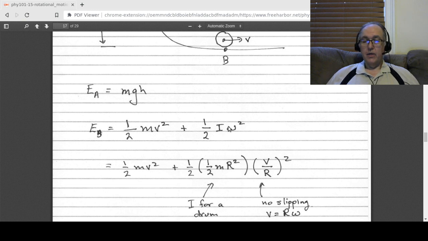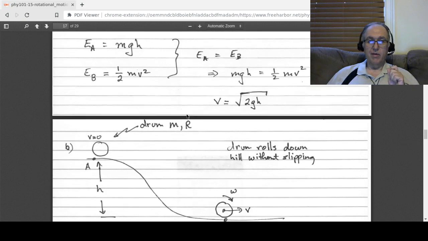Now, what about the omega? In this problem, we're assuming that the drum is rolling without slipping, and so in that case, we have that v is equal to R omega, the formula above. But now I want to rearrange it so that I have omega.